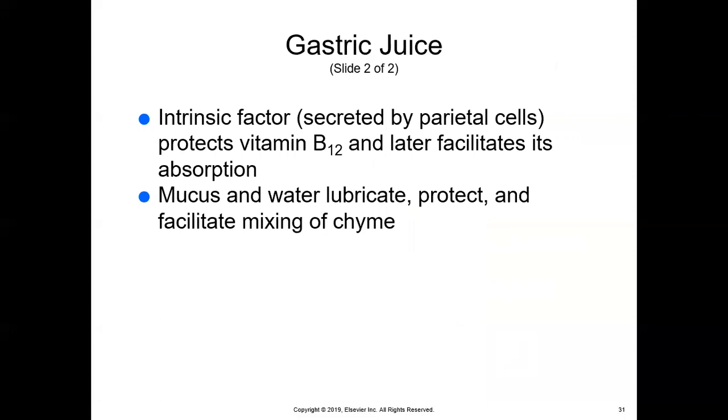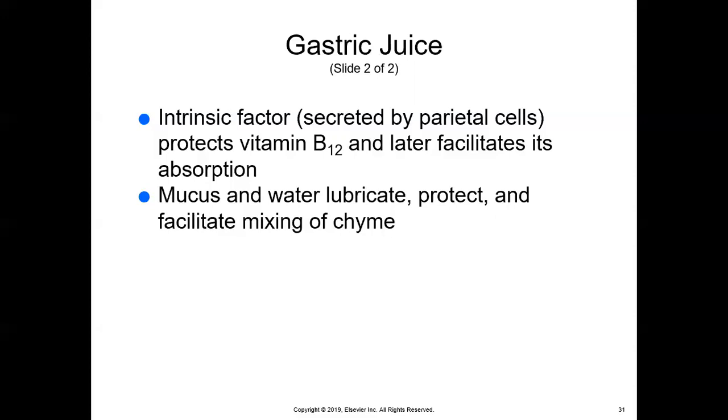So gastric juices release intrinsic factor, which is secreted by parietal cells. The intrinsic factor protects vitamin B12 and later facilitates its absorption. So if your stomach lining is not working properly and not releasing intrinsic factor, then you can be deficient in vitamin B12.